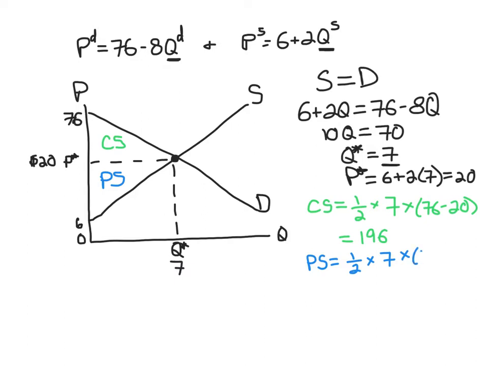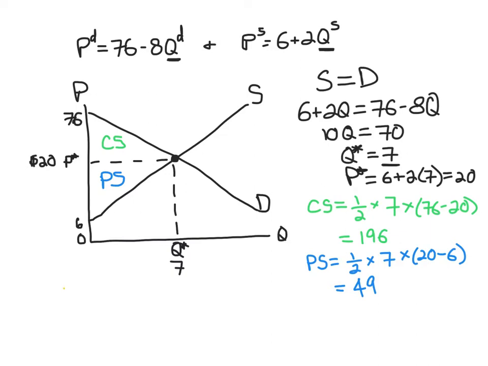When we work that out, we end up with 49. So we can see that the consumer surplus is higher than the producer surplus in this example. However, both sides do benefit, and so both sides are happy by the fact that these transactions are occurring.